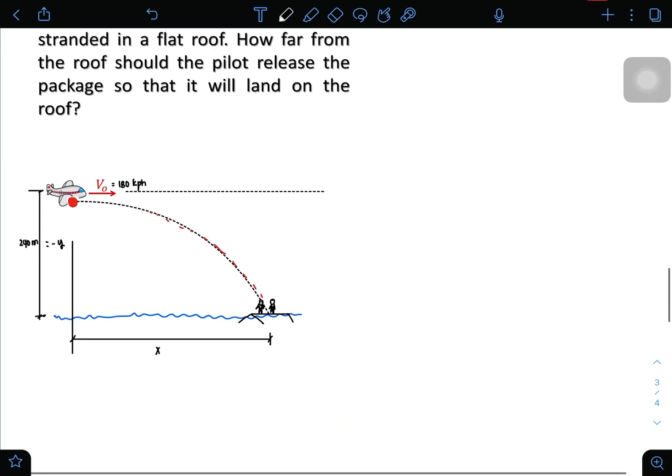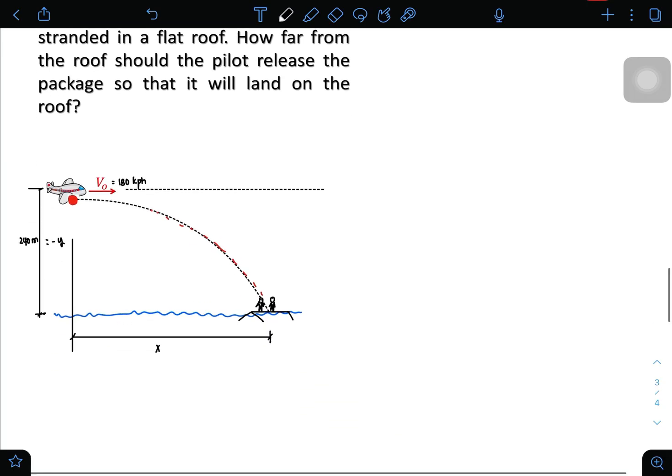Okay, so let's solve. We're going to convert V0 from 180 kilometers per hour into meters per second, since our acceleration is in meters per square second. One kilometer is equivalent to 1,000 meters, and 1 hour is equivalent to 3,600 seconds.